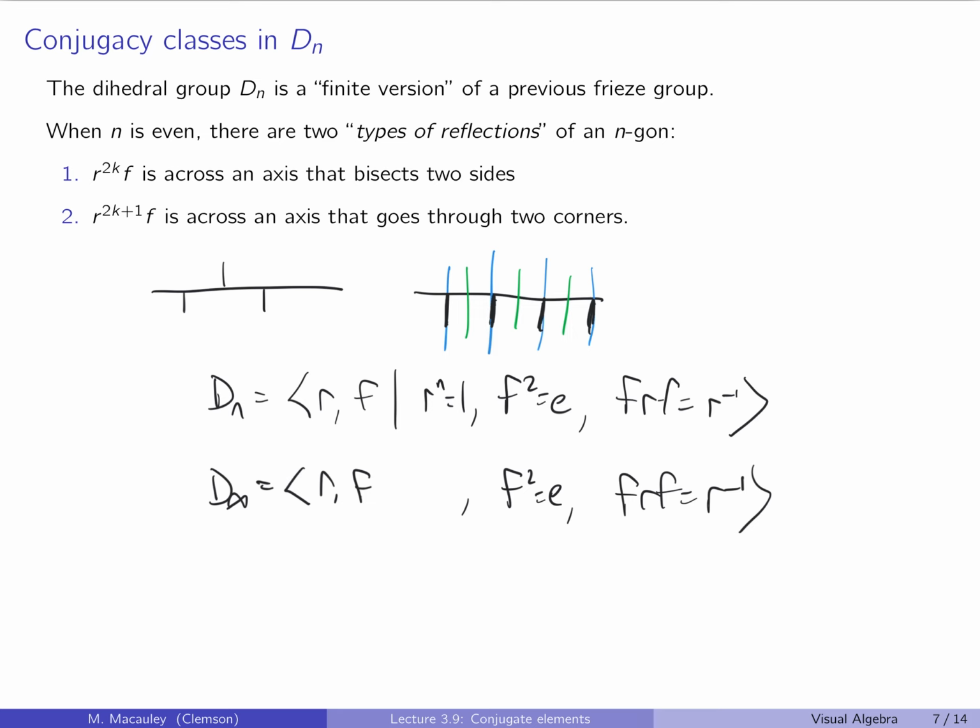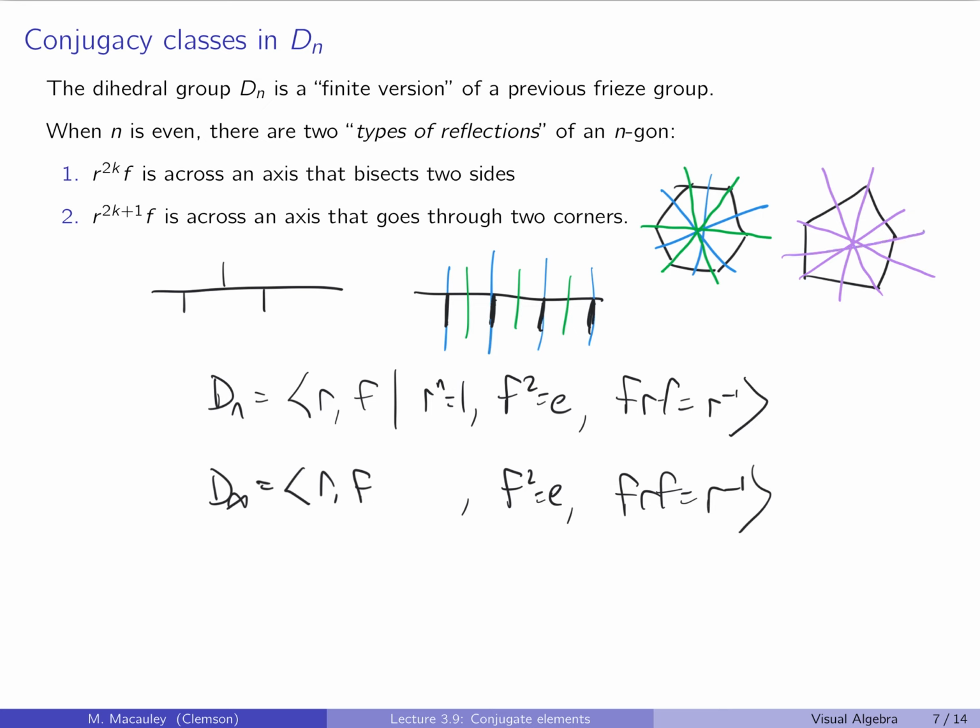If we have an n-gon where n is even, then we have two types of reflections, ones that bisect sides and ones that bisect angles. And if n is odd, we have one type of reflection, ones that go through one side and one angle.